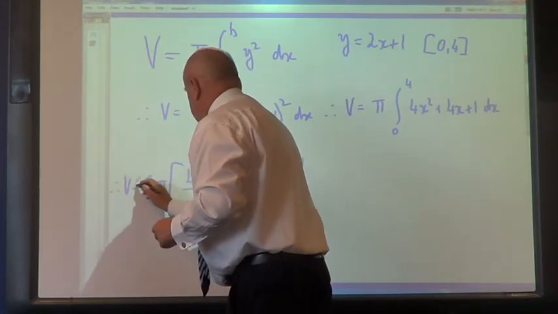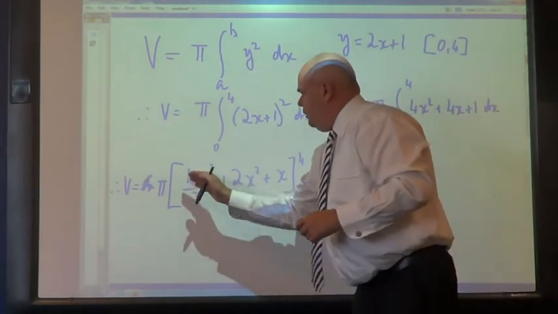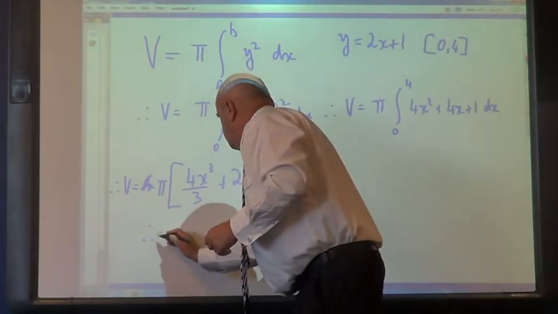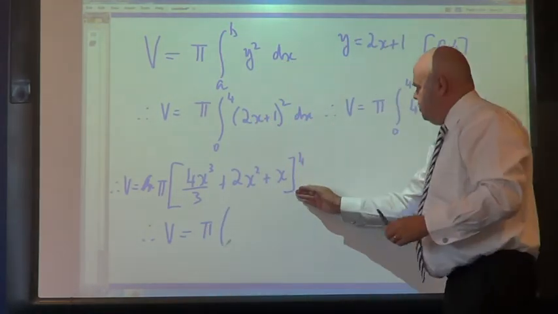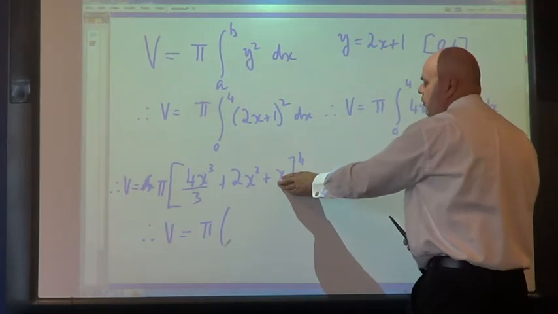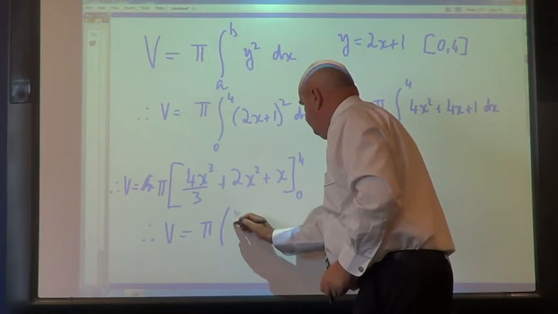Therefore, volume equals pi times that. So that's a bit messy. V equals pi out front. 0 is a gorgeous number. When we substitute 0 in, all of that evaluates to 0. So all I've got to worry about is subbing 4 in.